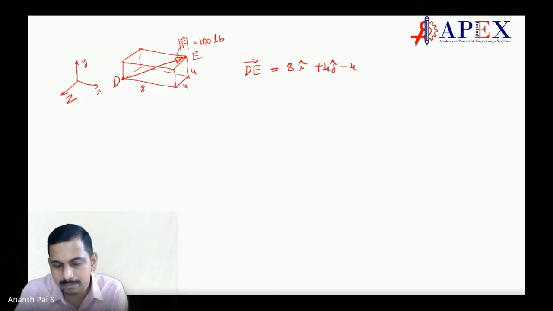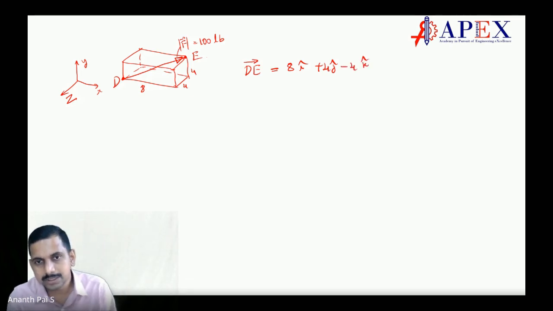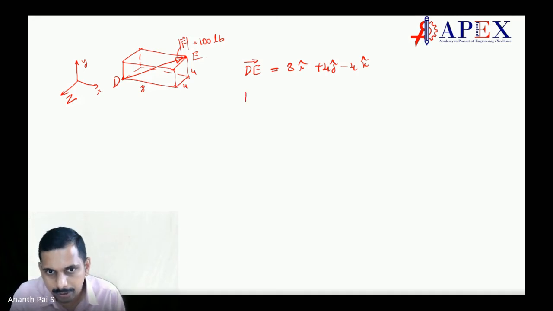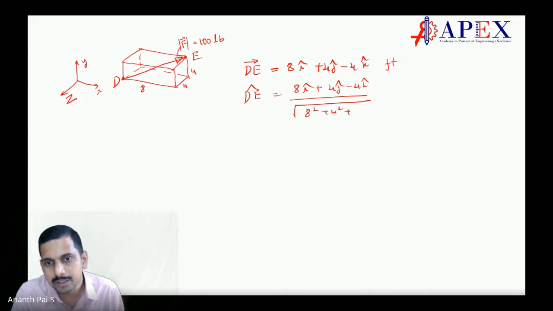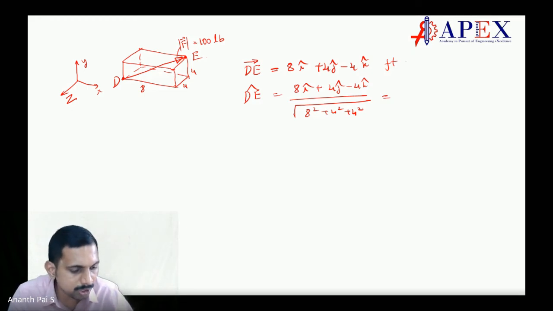This is clear. Now this is in terms of meters or feet, whatever is the case. Let us say feet here, okay. Then the DE unit vector would be 8i plus 4j minus 4k divided by the square root of 8 squared plus 4 squared plus 4 squared.